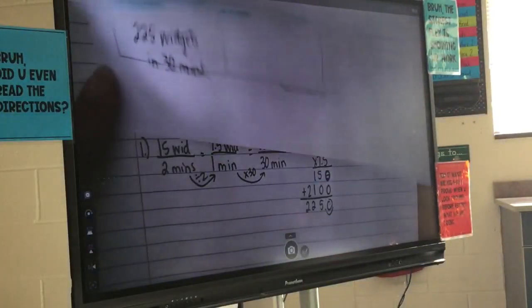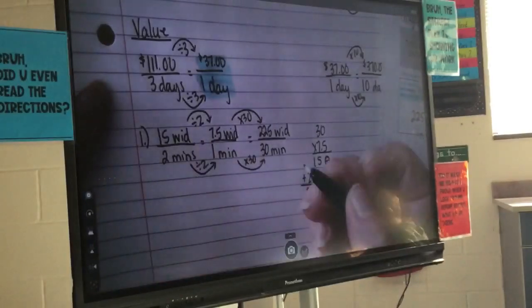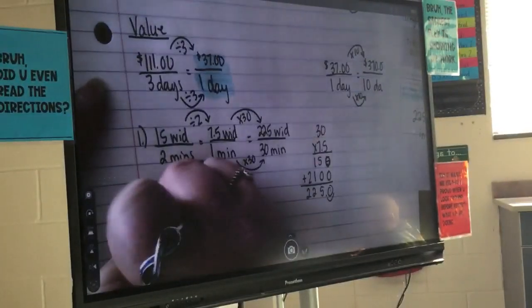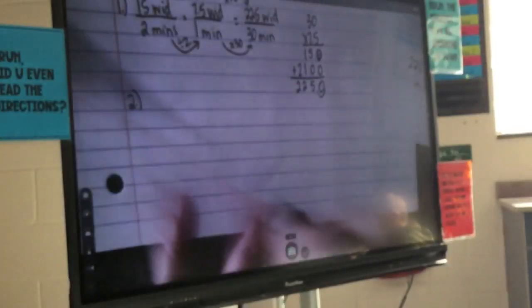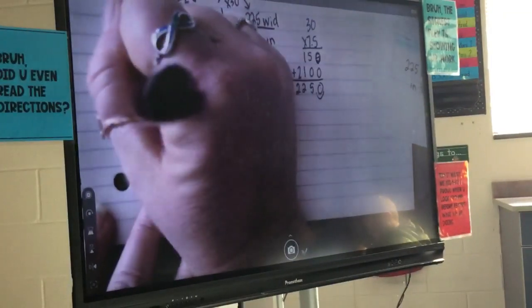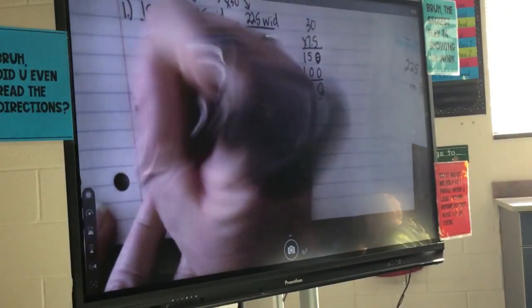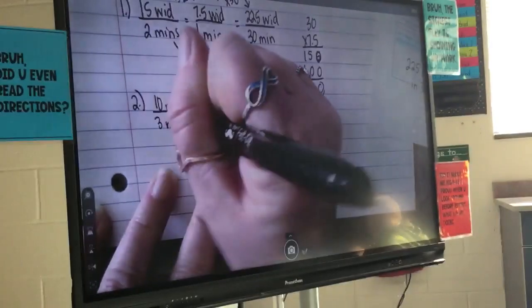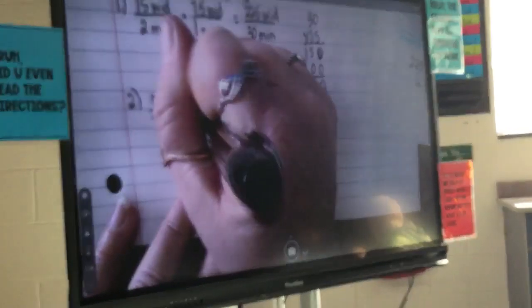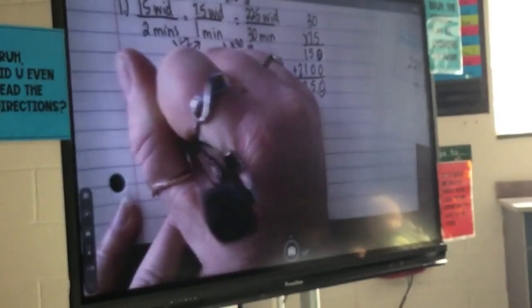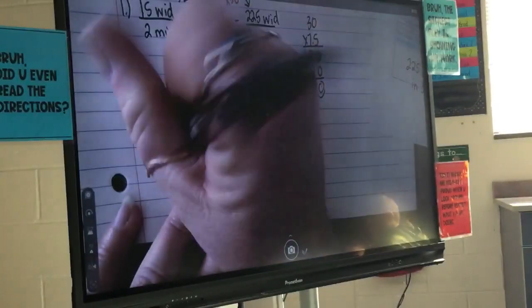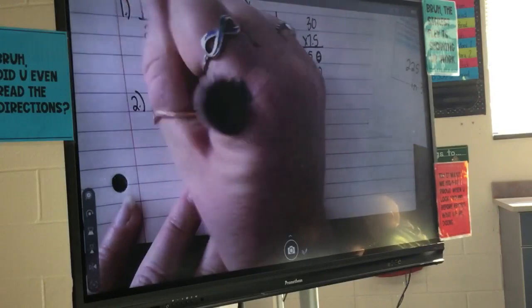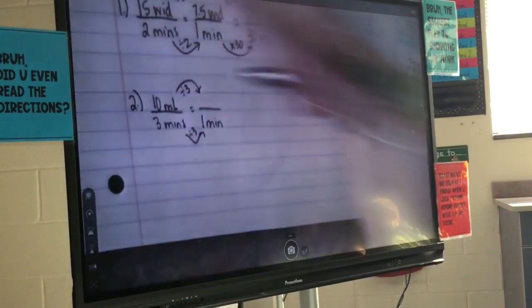10 plus 3 and then divided by 3. Okay, so you're saying 10 milliliters over 3 minutes, and then divided by 3. So we're going to go straight to the unit rate and then go from there? Okay? So I'm going to divide this by 3 and I'm going to divide 10 by 3.